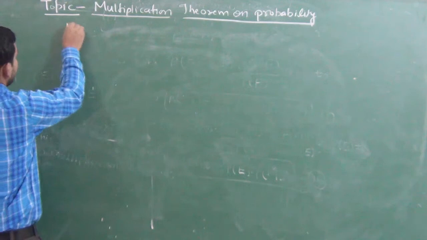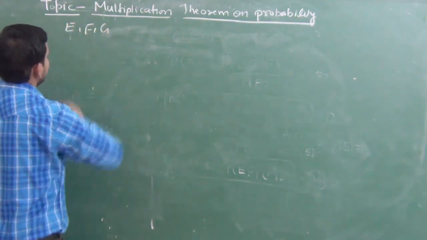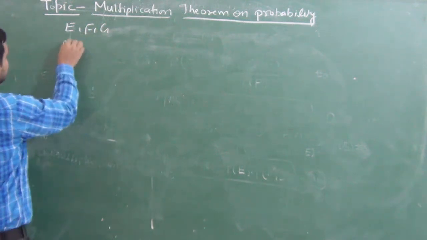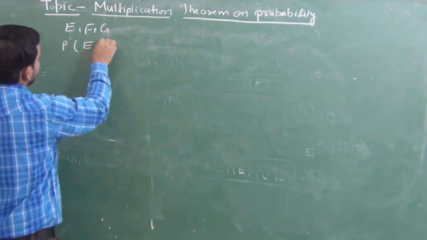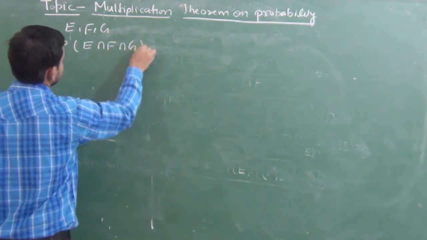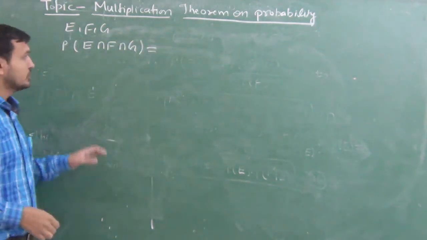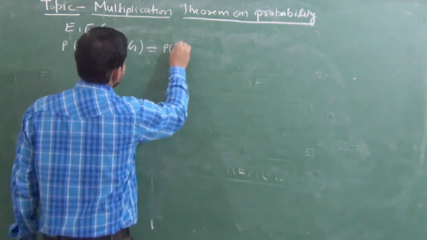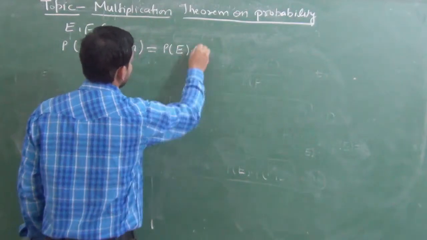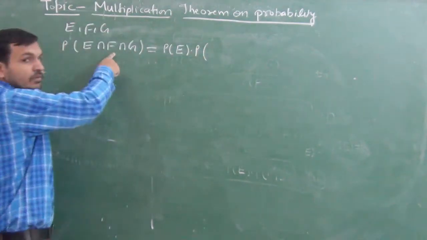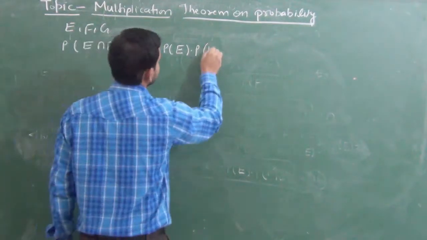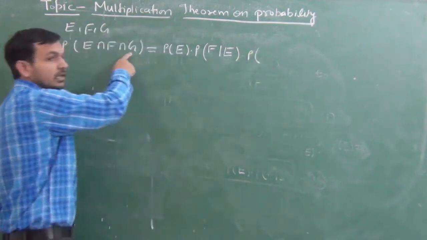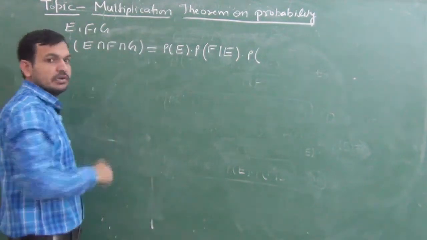So if we want to find the simultaneous occurrence of E, F and G, it means if we want to find the probability of E intersection F intersection G, then the multiplication rule for this case will be probability of E into probability of F when E has occurred into probability of G when E and F both have occurred.